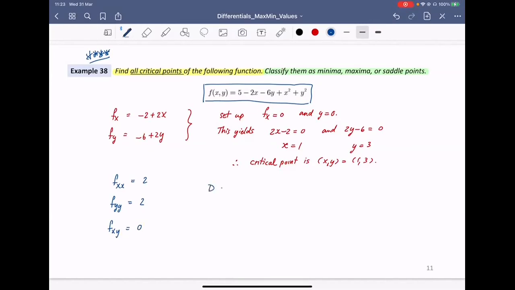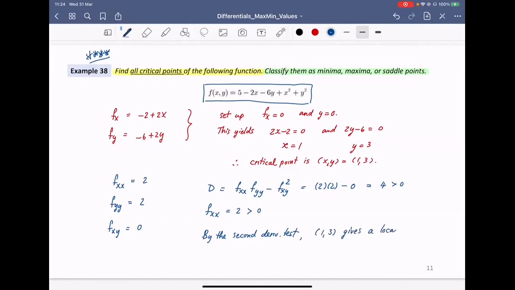You get D equal to 2 times 2 minus 0, which is 4, greater than 0. And if you consider fxx equal to 2, which is greater than 0, then by the second derivative test, (1, 3) gives a local minimum.